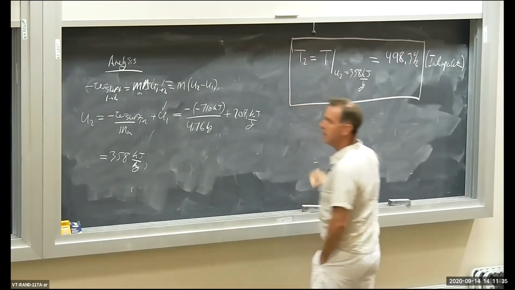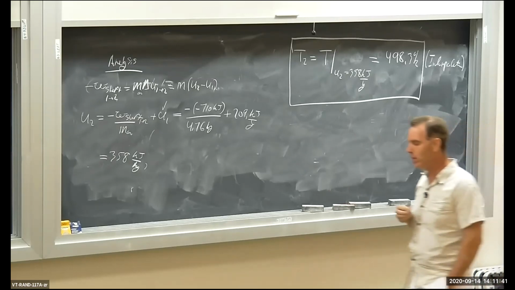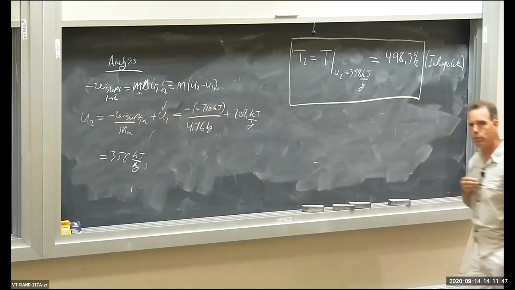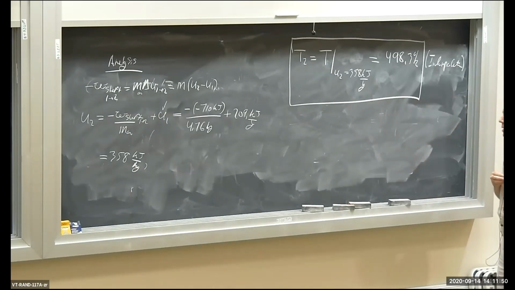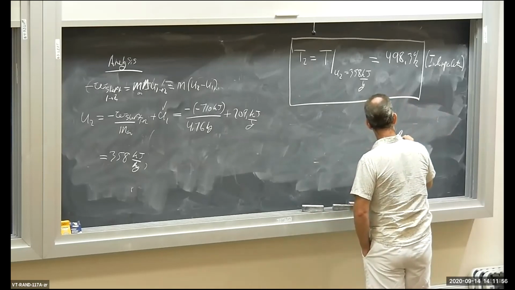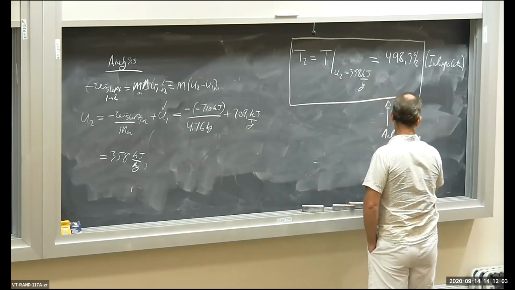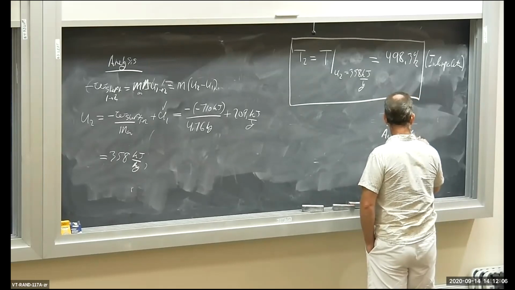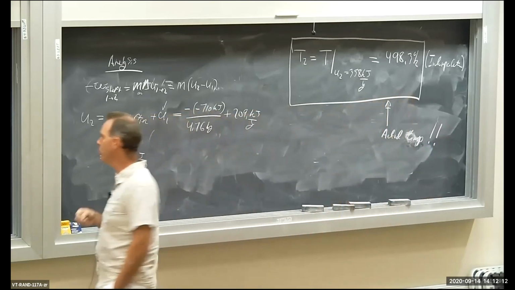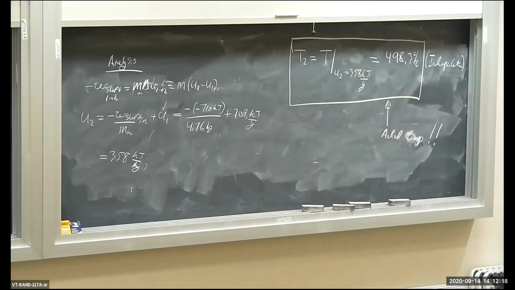We got 500 degrees using constant specific heats, 498 degrees using variable specific heats, i.e. this is the true temperature in the container at state 2. Actual temperature using the true internal energies, variable specific heat, not constant specific heat.